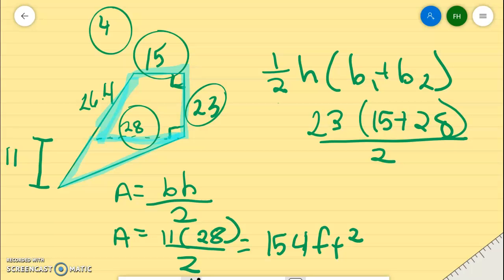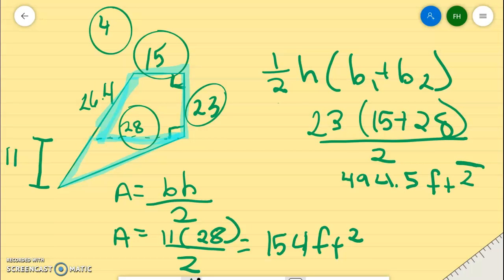So 28 plus 15 is 43 times, let me get my calculator just to make sure that's right. 43 times 23 would be 989. Divide that by 2 and you end up with 494.5 for your area of your trapezoid or whatever that thing is.